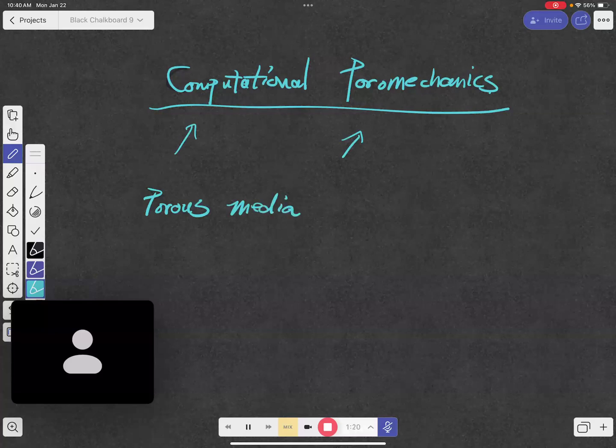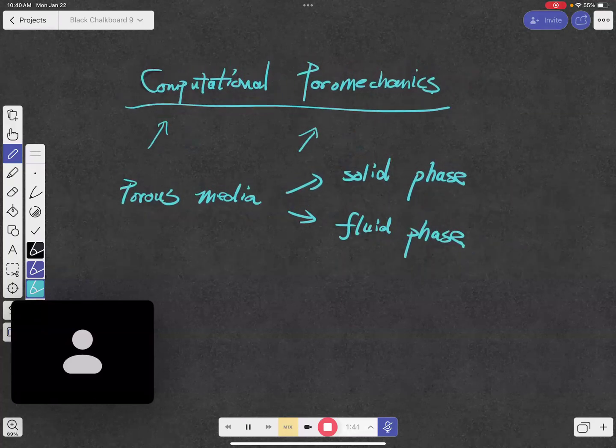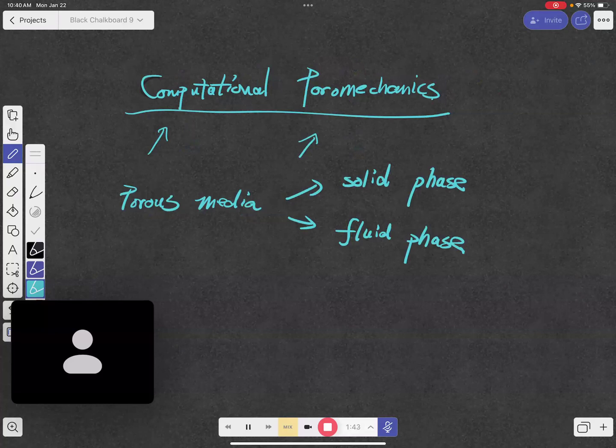So what is a porous medium? It's a material that has a solid phase, which means that part of the volume is occupied by solid, and a part of it is occupied by fluid. Now you may wonder, a hole doesn't necessarily fill with water, so why is there a fluid phase?